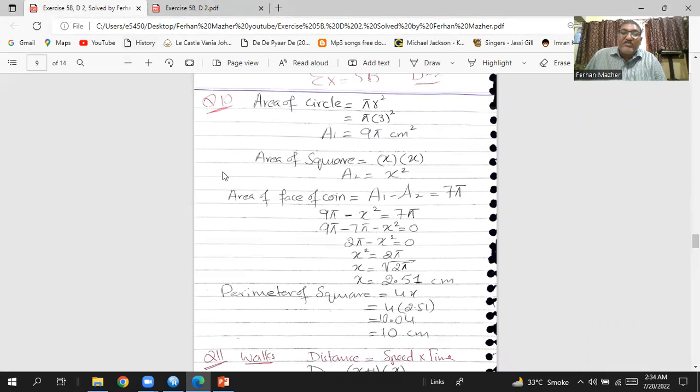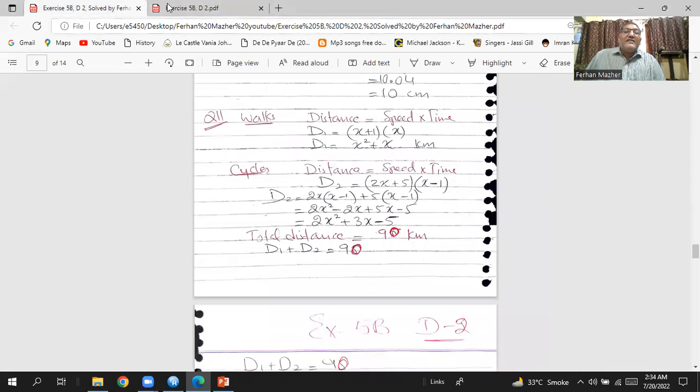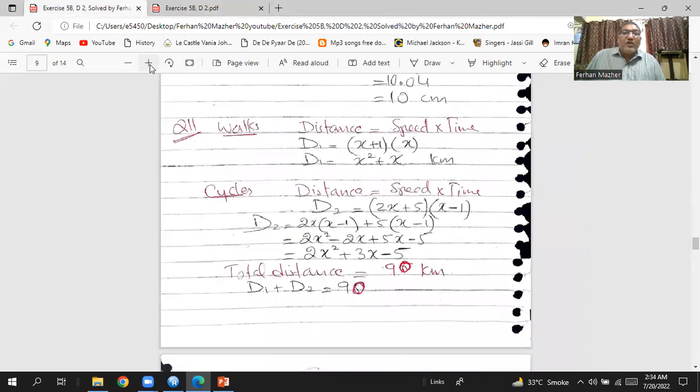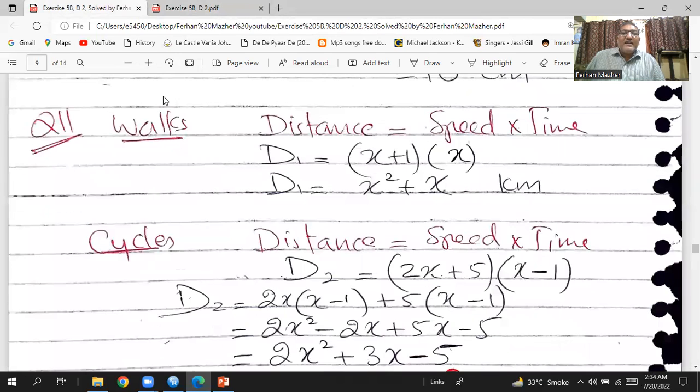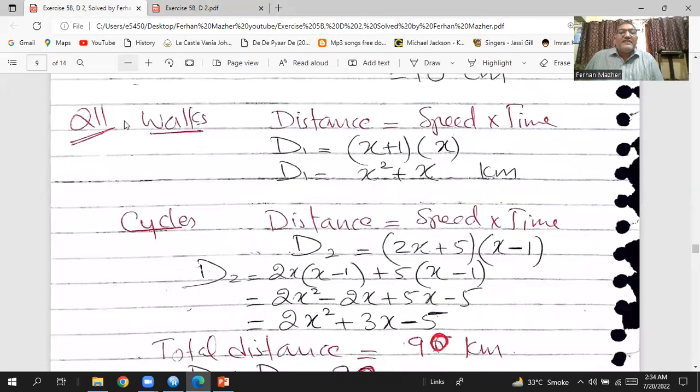Okay, so there are two situations. In the first situation she is walking, and in the second situation she is cycling. When she walks, the distance traveled is equal to speed multiplied by time. Her speed is x plus 1 kilometer per hour, and for x hours she walked. So distance 1 will be x squared plus x kilometers.